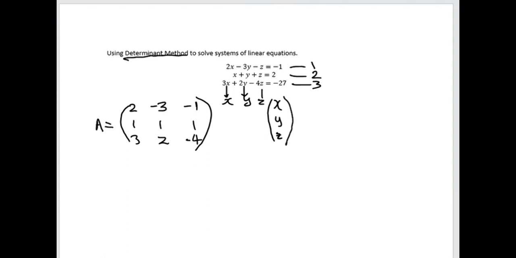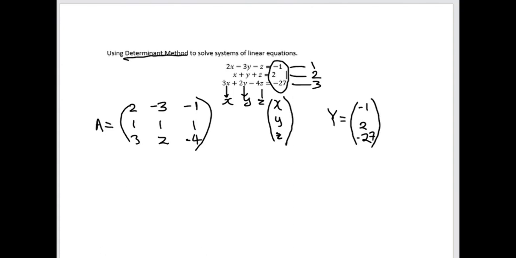And then the last matrix I'll form, I'm going to call that Y. This will be the column matrix of the numbers I have on the right hand side of the equations: minus 1, 2, and minus 27.